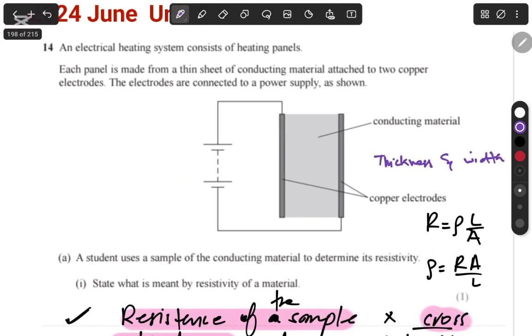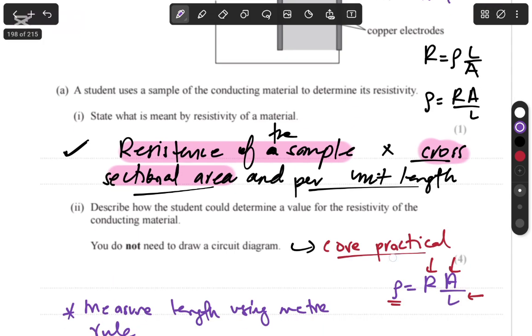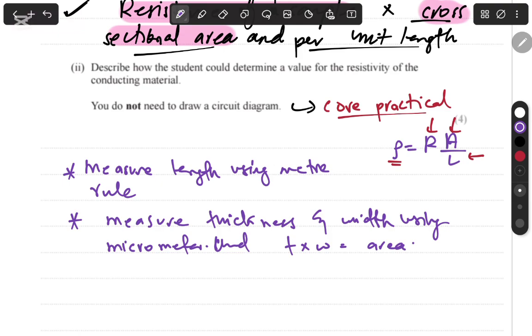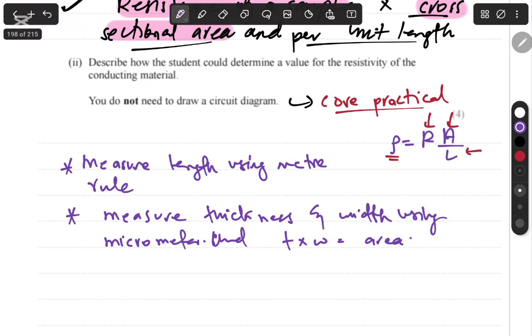This is not going to be a wire, so there is no point in finding the radius. So you're going to find the thickness and the width using either a micrometer or vernier calipers as well. So we're going to measure the thickness and width using a micrometer and do thickness times width to get the area.